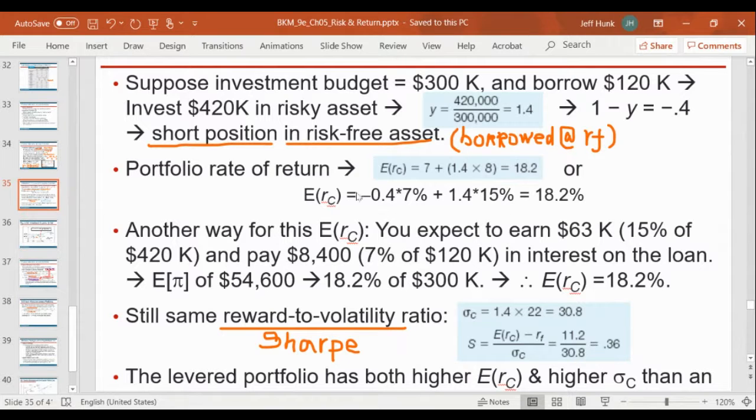So the weight of the risk-free assets times the return on the risk-free, plus the weight of the risky assets times the return on the risky portfolio, and then you come to 18.2%, right?